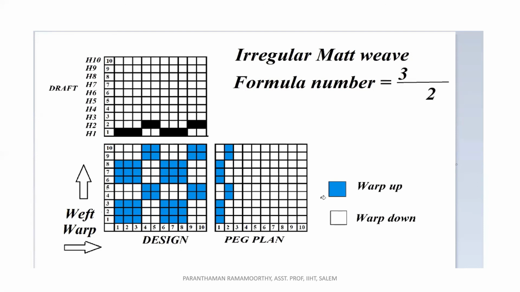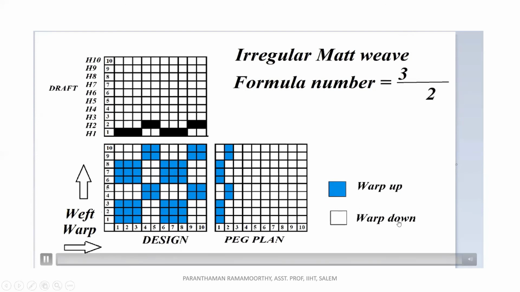Here the blue color solid mark indicates the warp up and blank box indicates the weft down. Sorry, weft up or warp down.